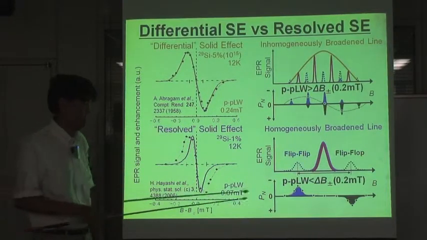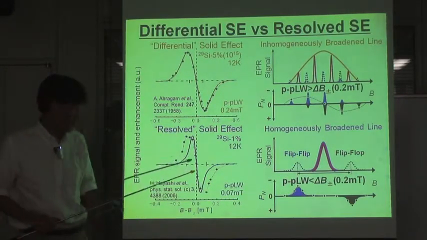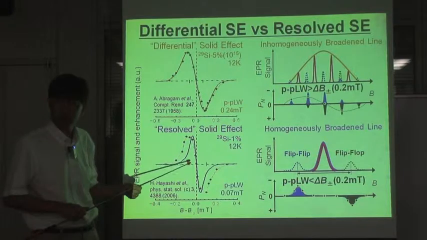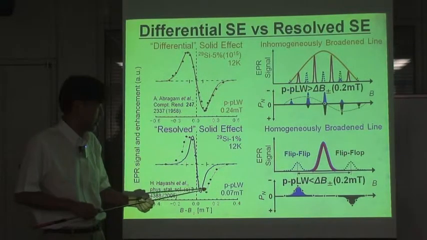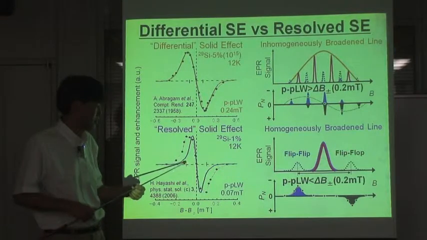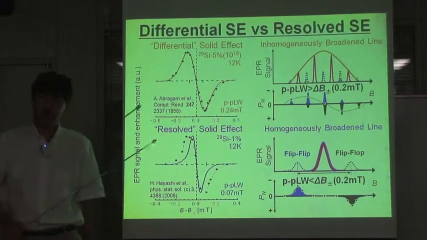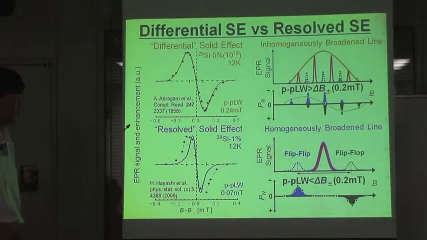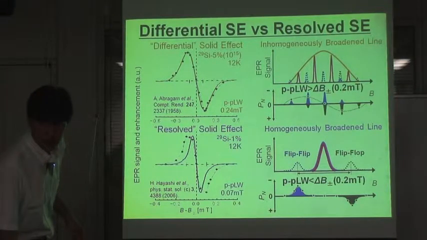Unfortunately, in EPR, the actual flip-flip and flip-flop are not allowed, so it doesn't show in the EPR spectrum. But the transition is there. That's why the NMR enhancement is strongest just outside, and these points are flip-flip and flip-flop. This effect is known as the resolved solid effect, which has been observed for the first time in silicon. Okay?